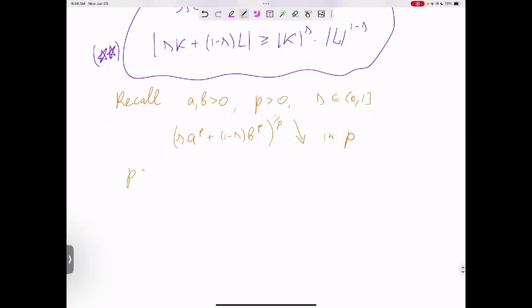So in other words, if p is bigger than q, bigger than 0, then lambda a to the power p plus 1 minus lambda b to the power p, to the power 1 over p, is going to be bigger than or equal to the same average, but with q.